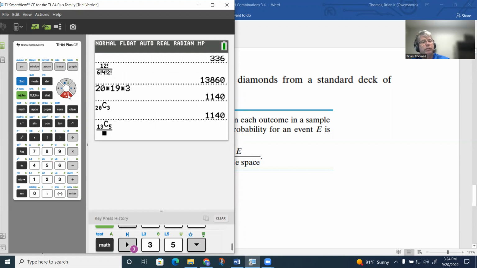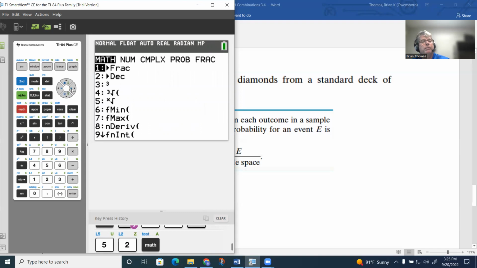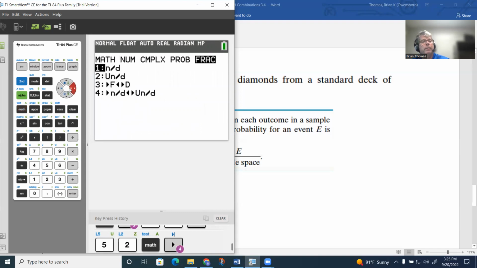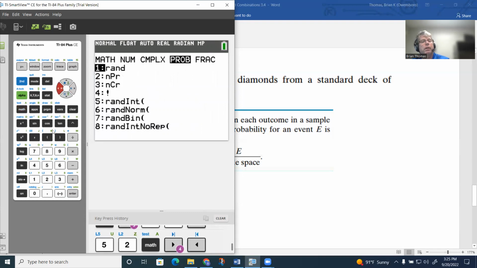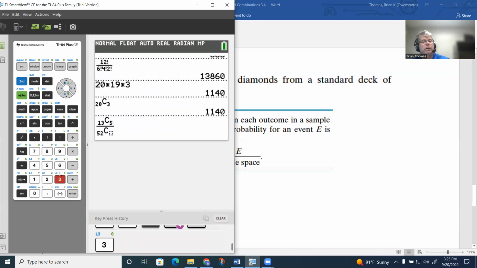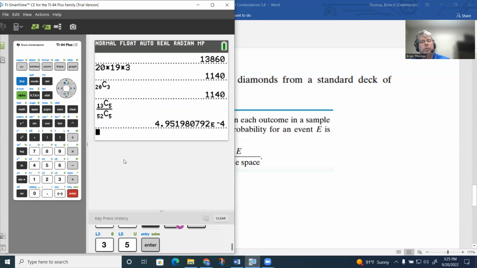But how many actual events do we have altogether? Well, remember, we do have 52 cards to deal with, and how many possible choices are there? If we hit the math button, come over here to probability, hit number 3 again, and we're again choosing 5. If we hit enter, this will give us this probability.